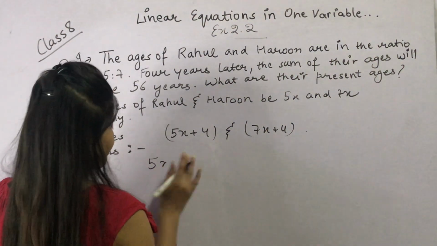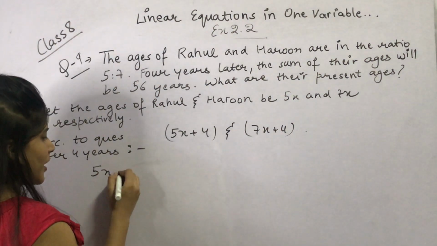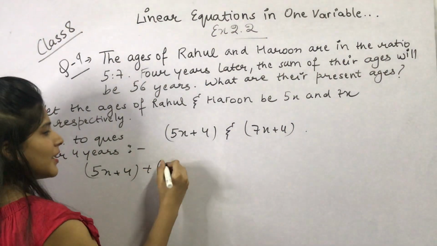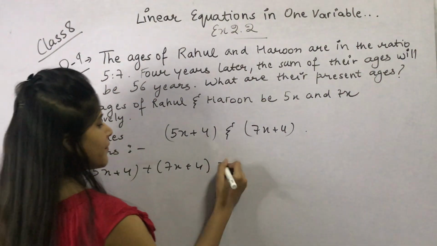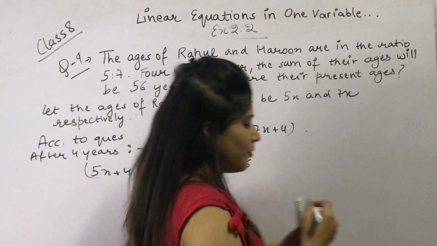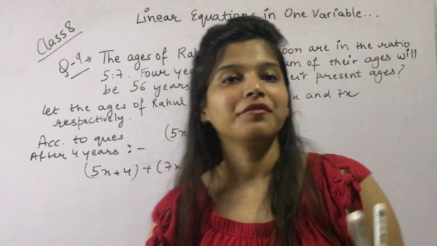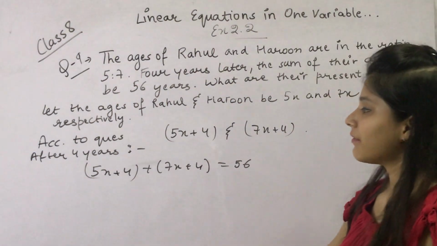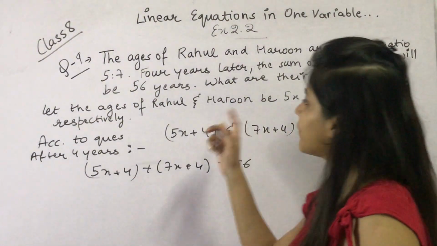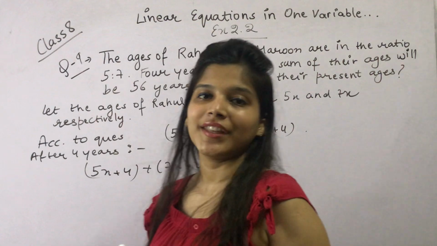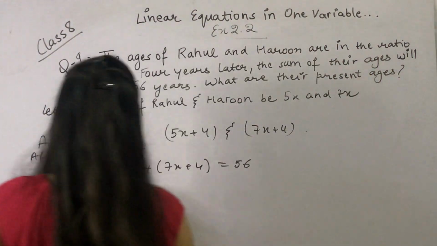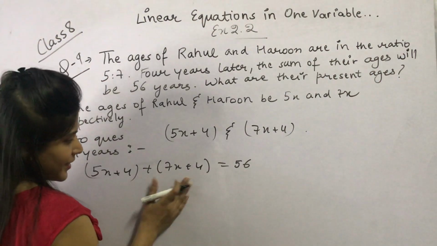So it means that 5x plus 4 plus 7x plus 4 is 56. Now the equation is formed. We have to solve for x, and when the value of x will be calculated, we will get the ages of both the persons. So 5x plus 4 plus 7x plus 4.